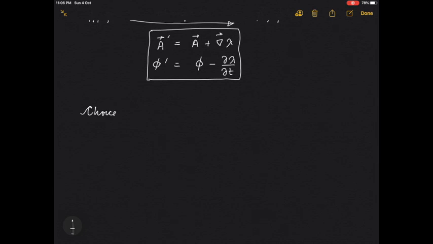This particular choice, or this class of choices, is called Coulomb gauge. Divergence of A is set to 0. Okay, so it immediately gives a condition for lambda also.